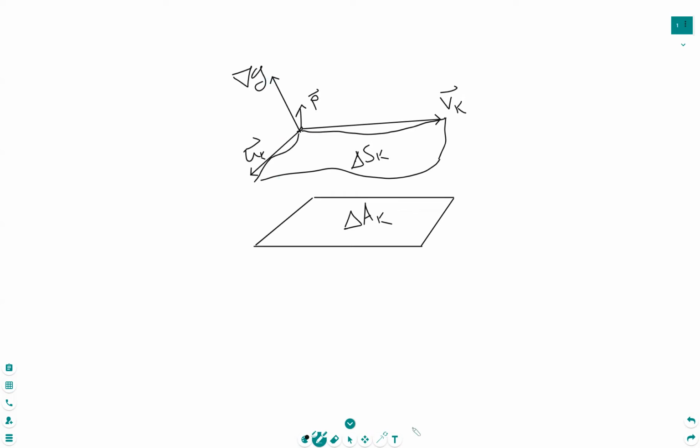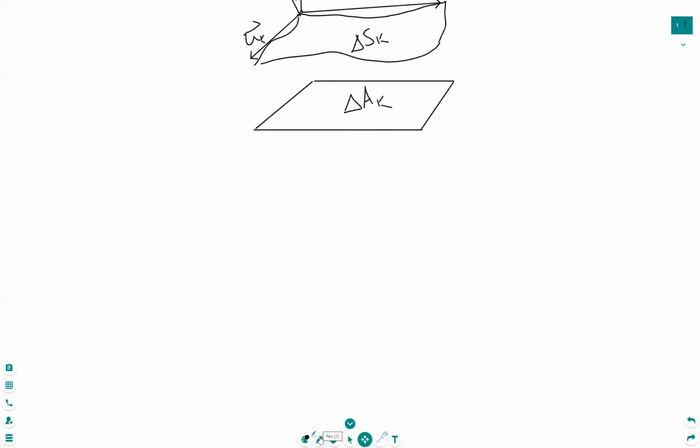So last time, we were able to write down that the area was the surface area times cosine of gamma k.